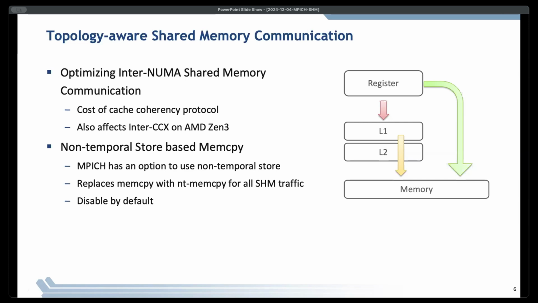That is why when traffic happens across the NUMA node, it might be the cache coherency protocol trying to fetch the updated cache line across the NUMA node. What non-temporal store gives us here is that when doing a store, we can bypass the entire cache hierarchy and directly write to the memory.